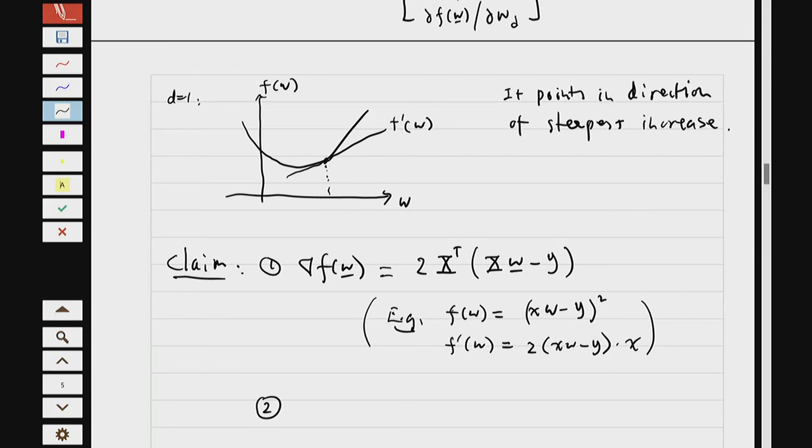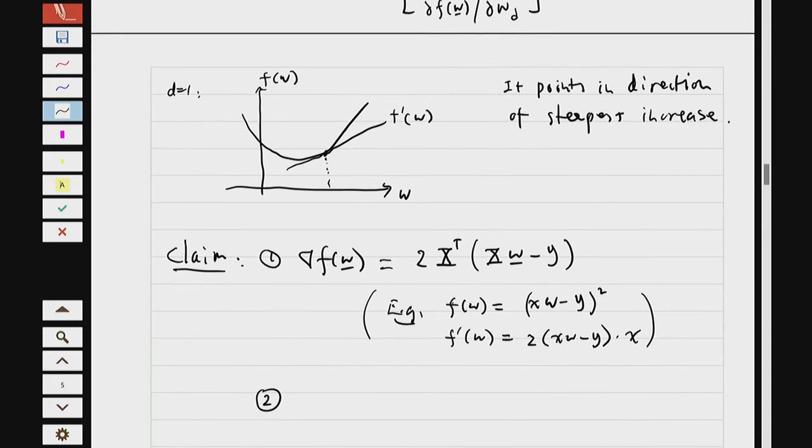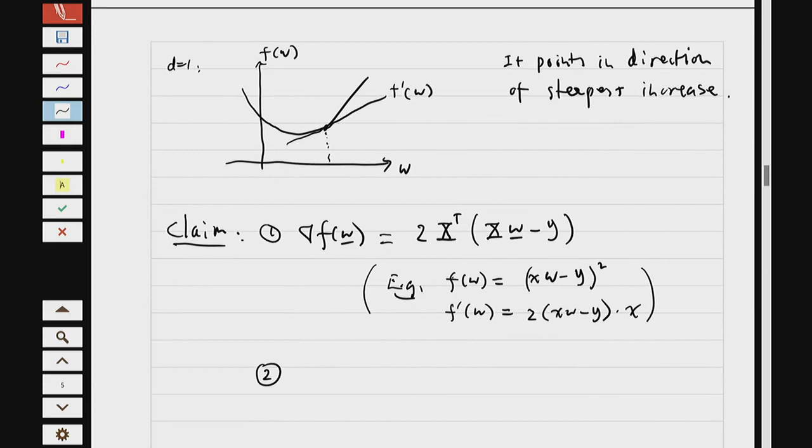You have to prove it, but it's clear from the picture anyways. If you set the derivative to be 0, then you get to the bottom, the minimum point. Same for high dimensional space as well. So it turns out that the least squares solution, which is the solution that minimizes the function f of w, is one where the gradient is equal to 0.